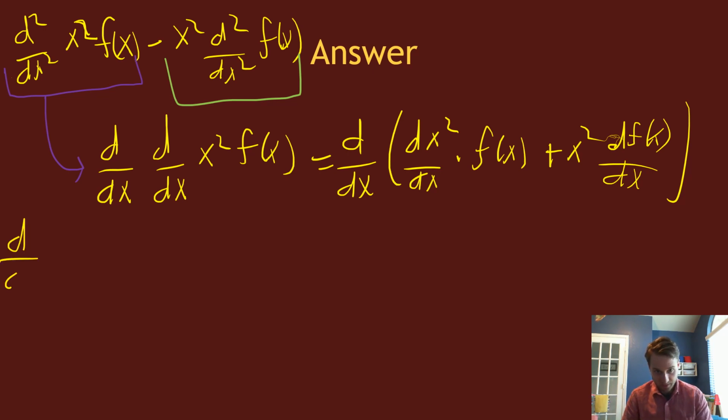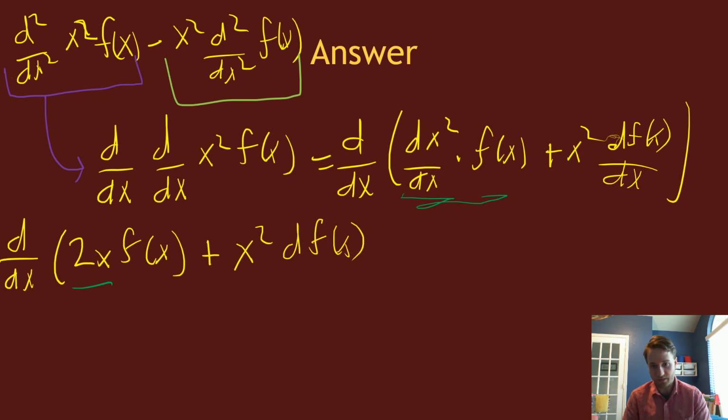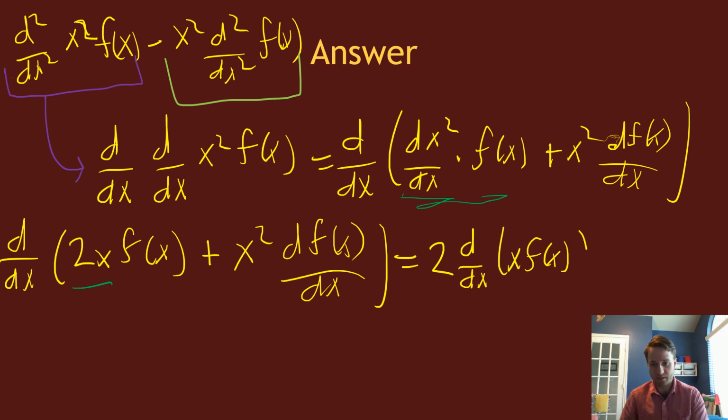And so continuing on, we get d dx of the first term here, which comes down to 2x f of x, and then the second term is just x squared d f of x dx. And so now I need to take the derivative of this thing again, which is going to be related to 2 d dx of x f of x plus d dx of x squared df dx.